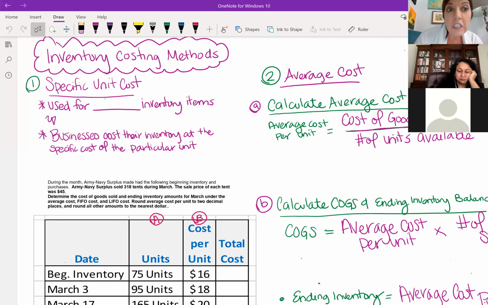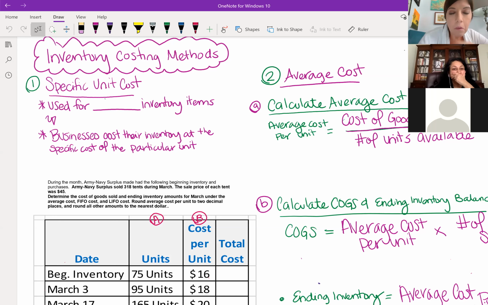This is the first methodology of GAAP where we're allowed to actually select what method we're using to determine our cost basis. In previous chapters, and all of what we've learned so far, GAAP tells us what to do.